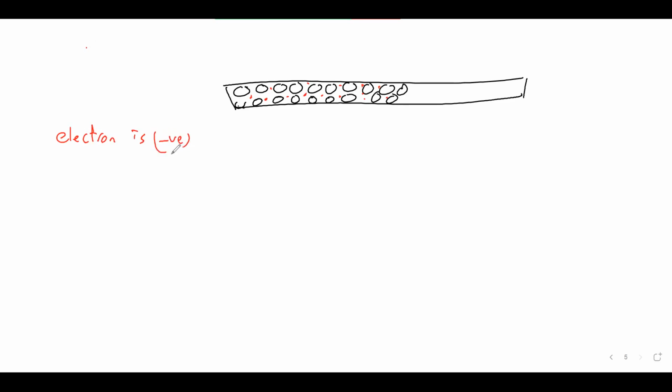How much is the charge of an electron? One electron has a charge of 1.6 times 10 power negative 18 coulomb, and this is a very small charge. So what about the total charge of the conductor?